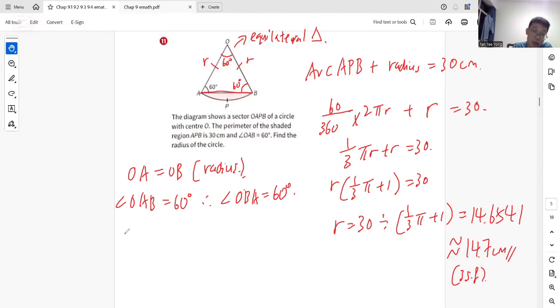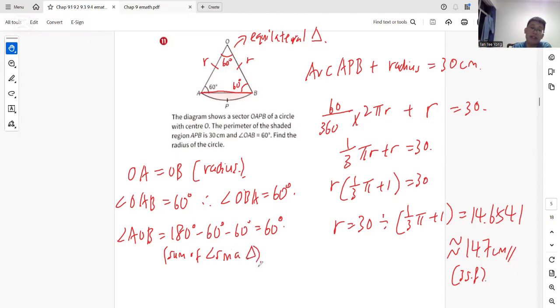And angle AOB is also equal to 60 degrees because 180 minus 60 minus 60 also gives me 60. This is base angles, or rather sum of angles in a triangle. So that's why my angle AOB is 60 degrees.